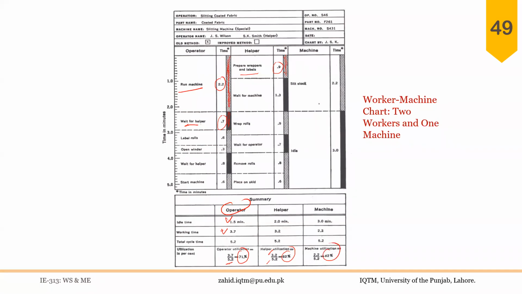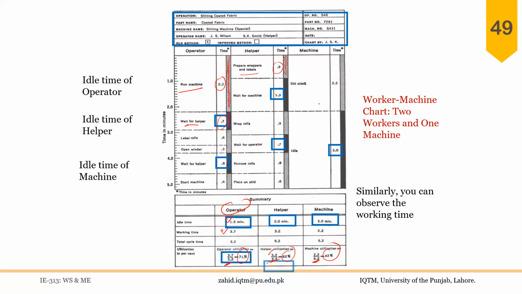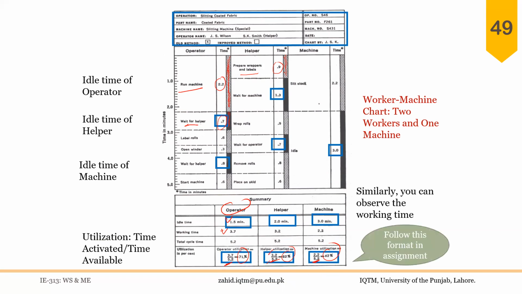So you can notice that denominator is the same, 5.2 minutes, because we are drawing for one complete cycle and total cycle time should be equal in all cases. So this template is relatively better and I would recommend you to use this for your assignments.